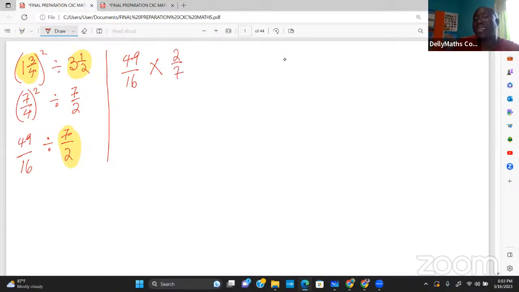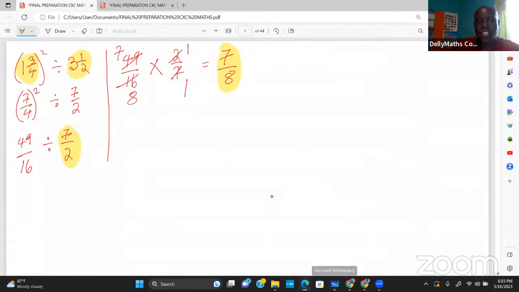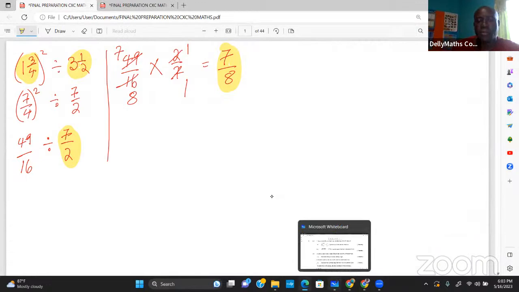Then we employ some canceling: 2 into itself 1, 2 into 16 is 8, 7 into itself 1, 7 into 49 is 7. So 7 at the top, 8 at the bottom. Our final answer would be 7/8. Quite easy. We don't want to drop those marks. Expressing that as a fraction is 3 marks right there, easily.